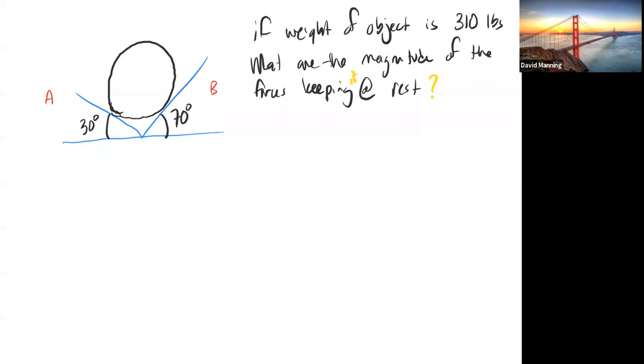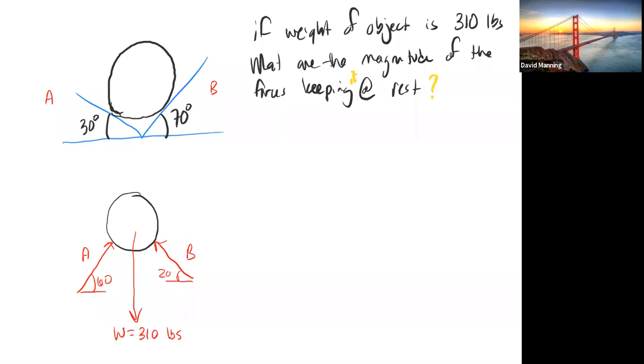I'm going to go ahead and draw the free body diagram. And the weight. I forgot to put the weight on here.